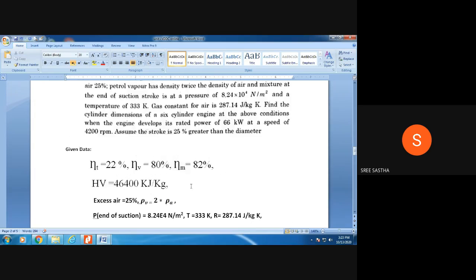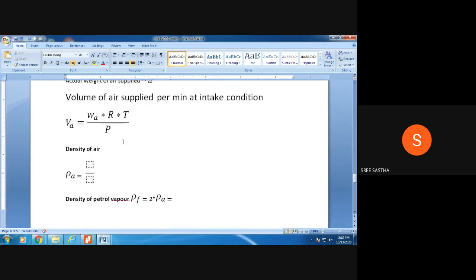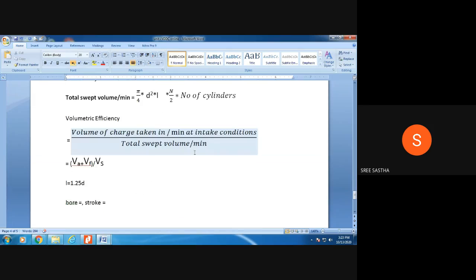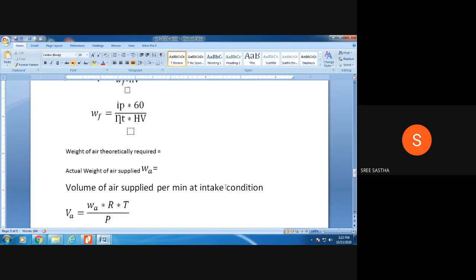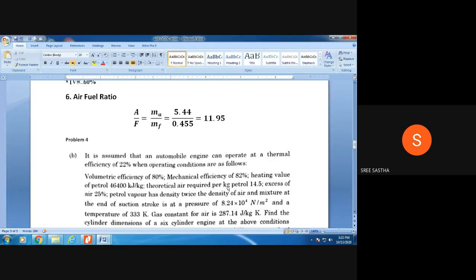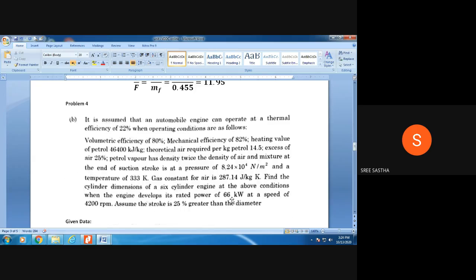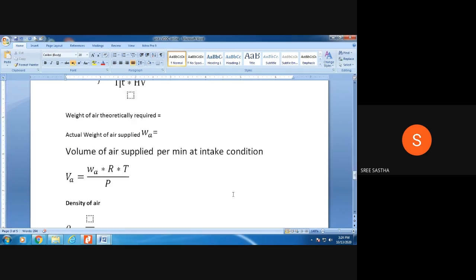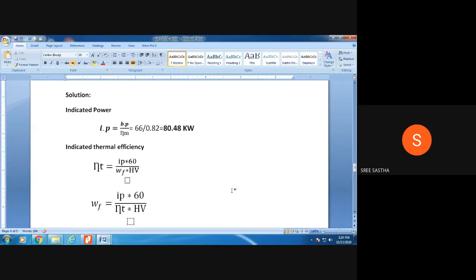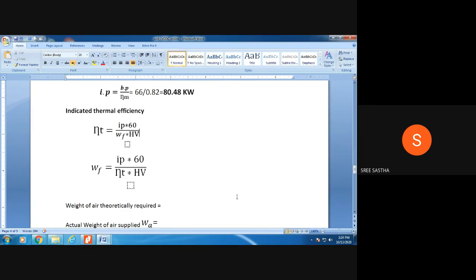In the last problem only air we were using, but here we are using both air and fuel. Let me explain. In order to proceed with that logic, you have to calculate how much quantity of fuel I am going to supply.